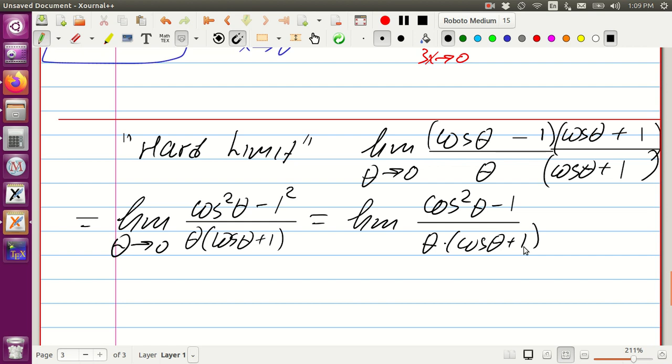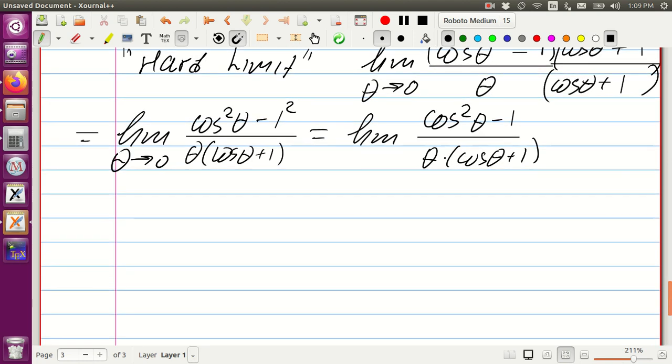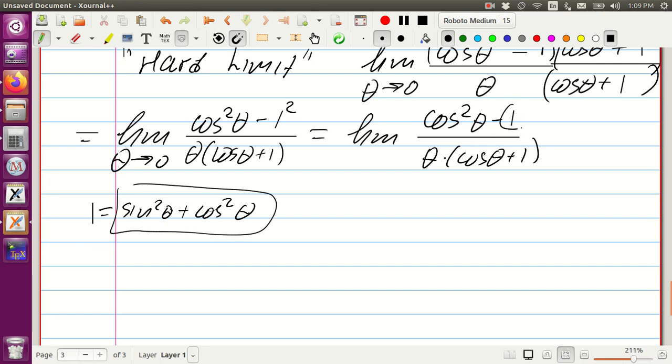And what is cosine squared minus 1? So let's try to think. We know that 1 is equal to sine squared of theta plus cosine squared of theta. That's our famous identity. So that means for 1, we can put this quantity over here. And theta obviously goes to 0.